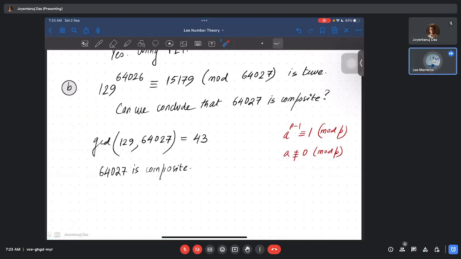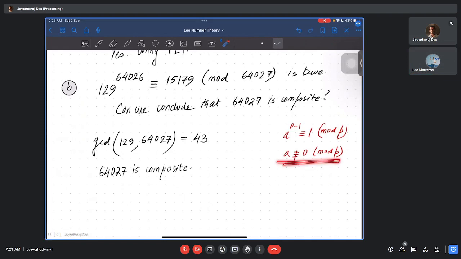When it is lower, it's not necessarily that the GCD is 1, they could have another GCD other than 1, but it will still hold. If A is less than P, then it is automatically satisfied that P does not divide it, right?